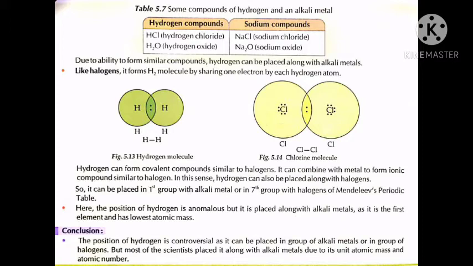Conclusion: the position of hydrogen is controversial as it can be placed in the group of alkali metals or in the group of halogens, but most scientists placed it along with alkali metals due to its unique atomic mass and atomic number.